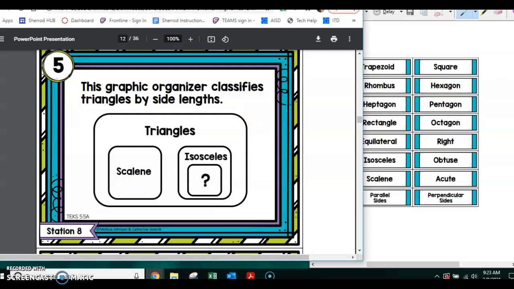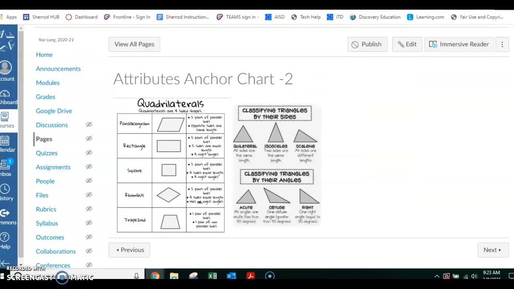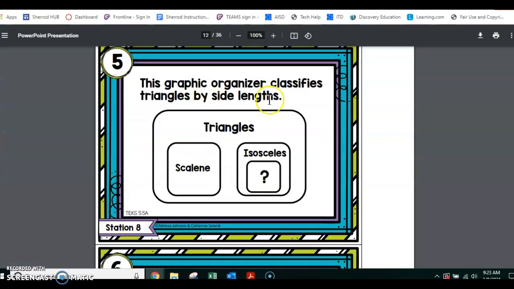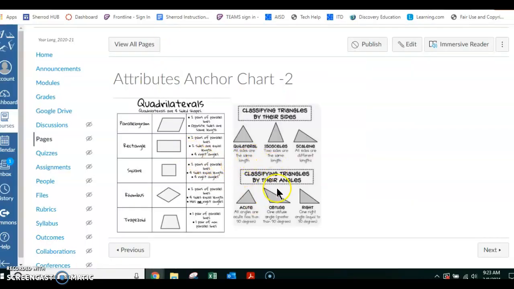So again, we're looking at the triangles here. Let me go back to my attributes thing. And we're looking at triangles. And it said that it classifies them by side lengths. Okay, so what I'm looking at is side lengths here. The bottom is the angles.